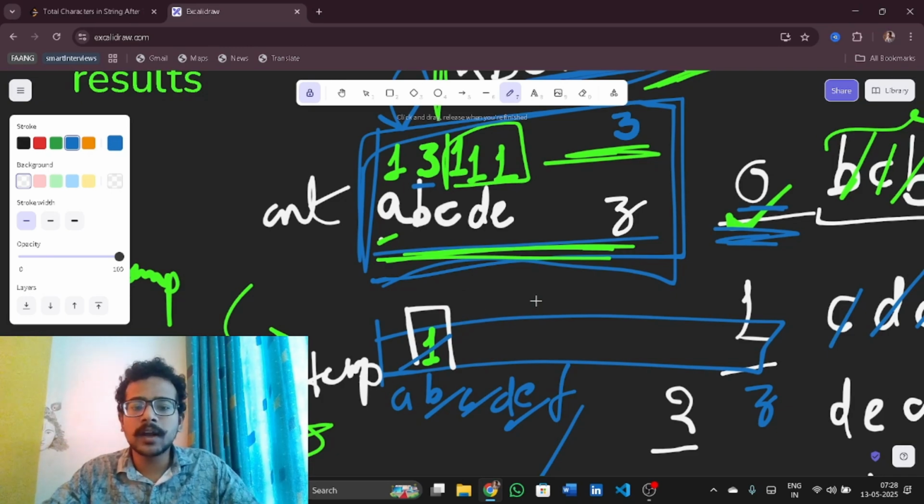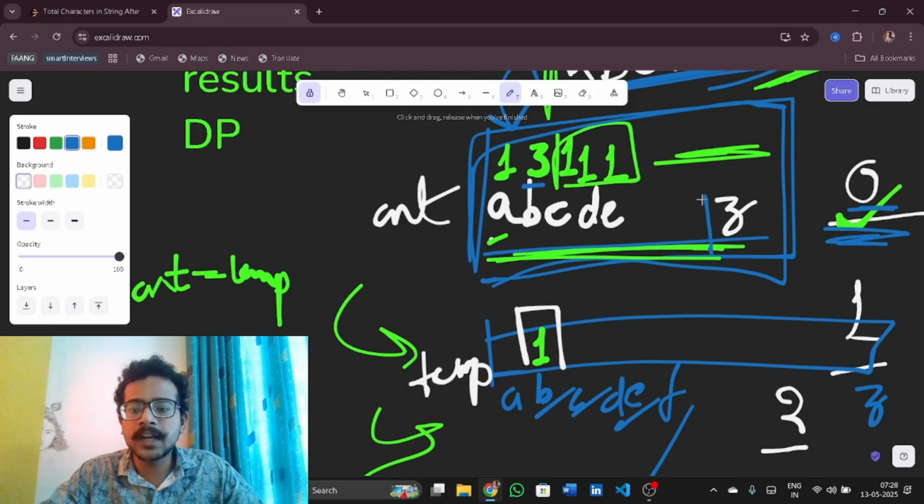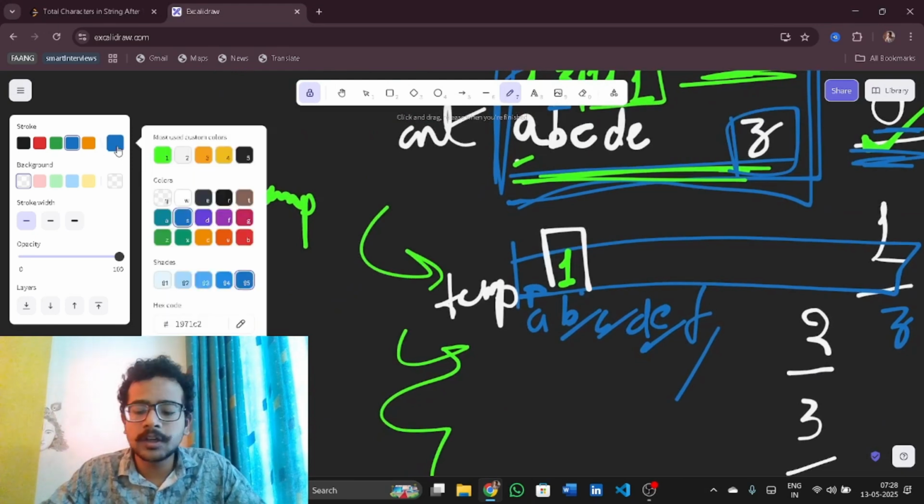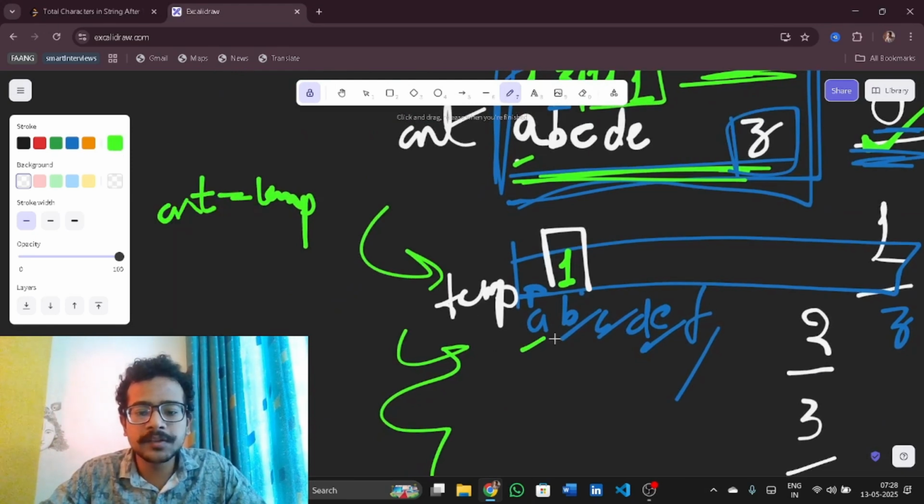So when I got Z, I am incrementing for A, and also incrementing for B.